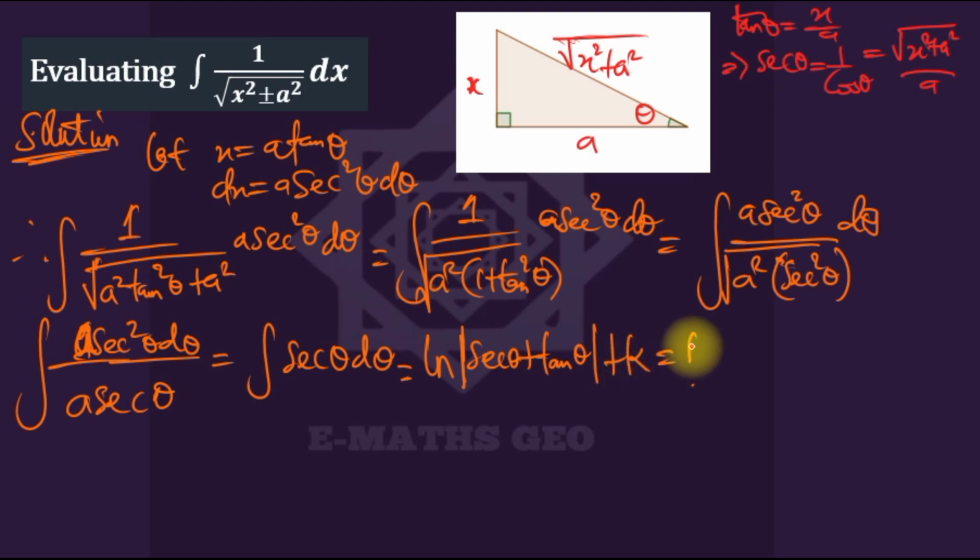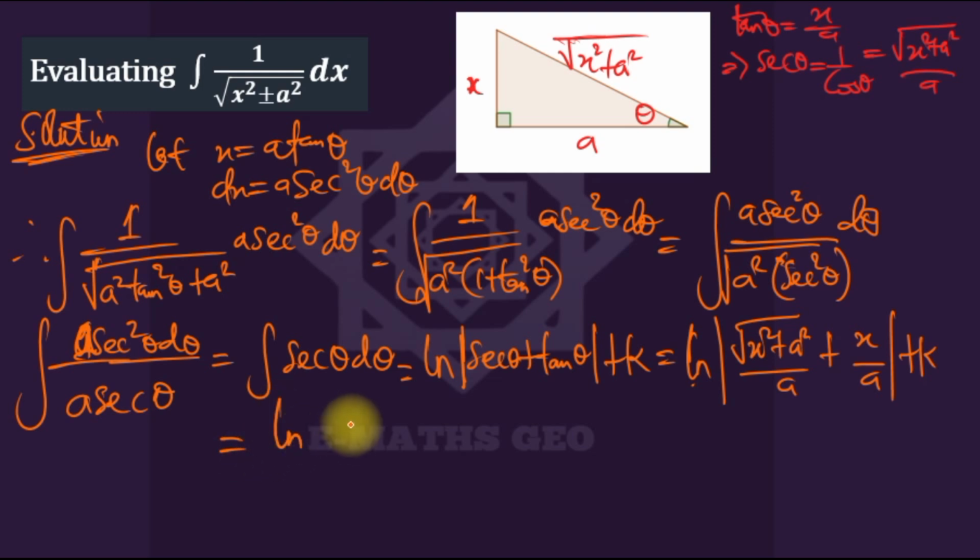So this is ln of sec, which is this over a, and tan is x over a, plus k.